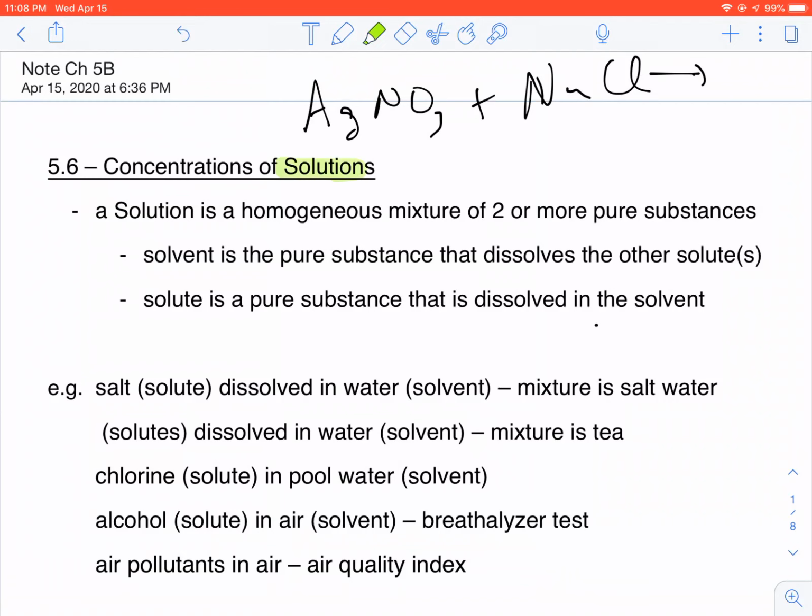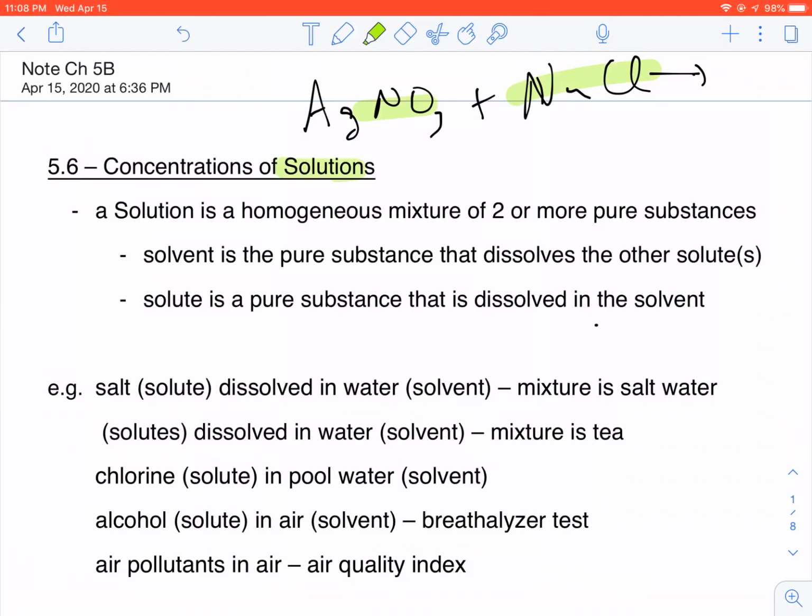Water doesn't have anything to do with the reaction itself. All the water is doing is separating the molecules so that one chemical can react with the other chemical. So I need to dissolve something so that I can maximize the amount of reaction that happens.